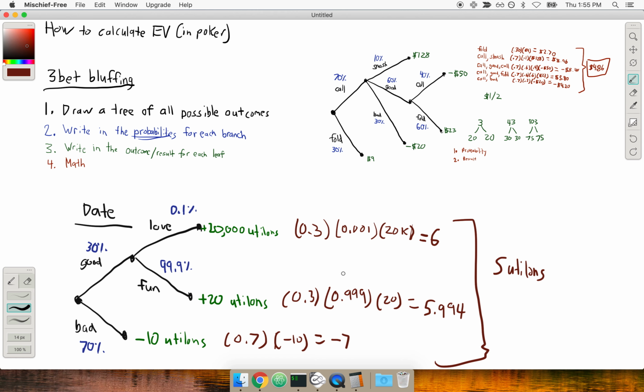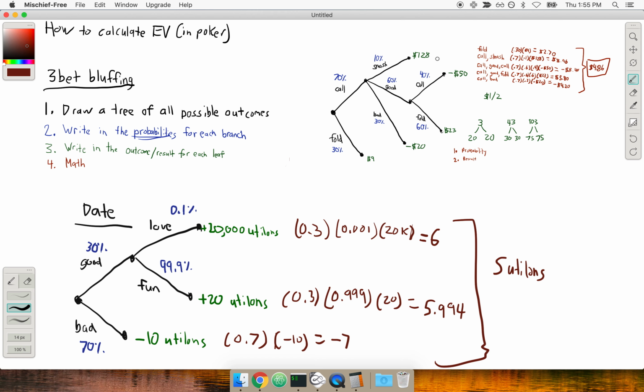So again, I'm not trying to convince anyone to go on a date. I'm showing you that the way to calculate expected value is not specific to poker. Even if you're trying to figure out the expected value of going on a date, you take the same steps. You draw a tree of all the possible outcomes. Then you write in the probabilities for each branch. Then you write in what the outcome is.